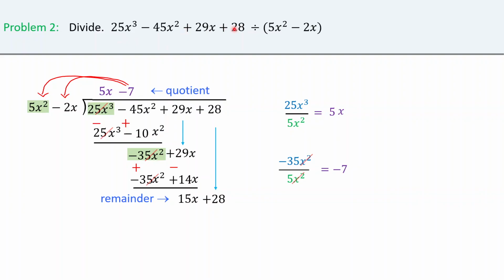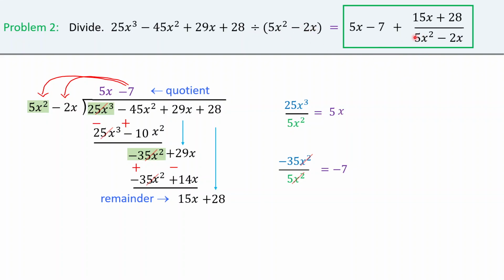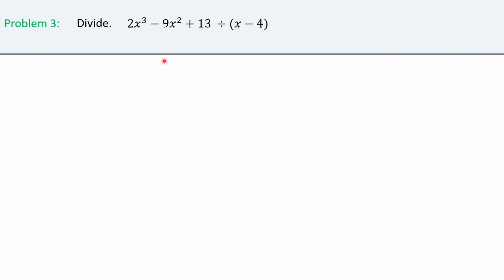So this polynomial divided by this polynomial is equal to the quotient plus the remainder divided by the divisor. This is the answer.